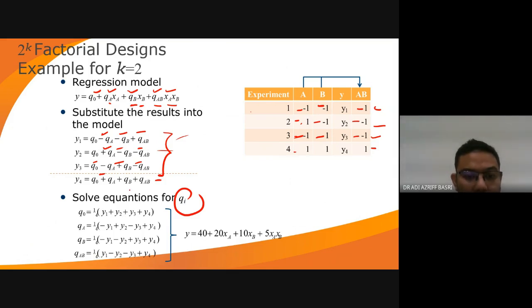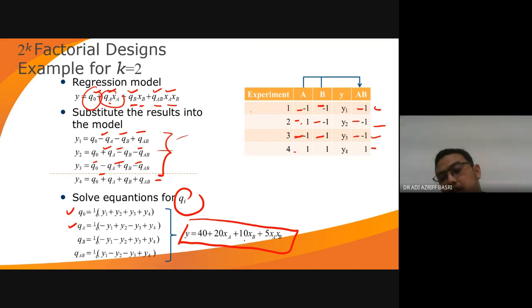You calculate everything for q0, so you get q0. Then for qA, you multiply by this y and divide by 4, you get qA. Then qB, and the rest. At the end, your y will be this: y equals 40 plus 20xA plus 10xB plus 5xAB.